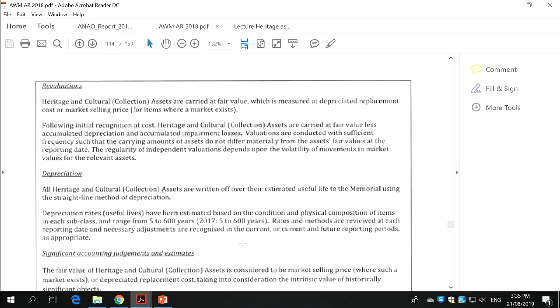So you can see how long the useful life of some cultural heritage facilities is. If it is 600 years, how useful would the depreciation rate be? You can see that it might not be very useful.